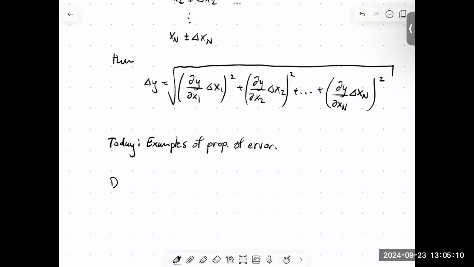The first example is, say R is equal to V over I. In the last lab, lab number 2, you made a bunch of measurements of the voltage and current for a resistor, and then you could calculate, for each measurement, the resistance as V divided by I. So what we're going to imagine is that we've made measurements of V plus or minus delta V and I plus or minus delta I, and the goal is to try to find the uncertainty in R.